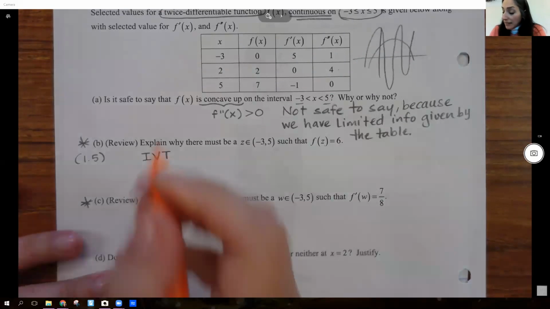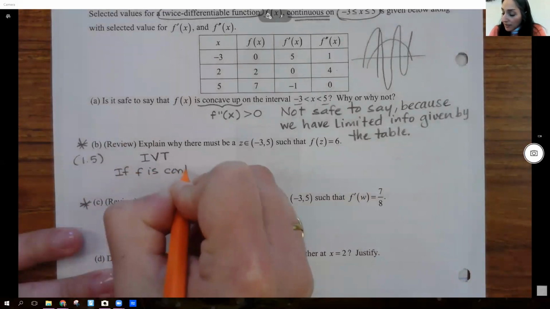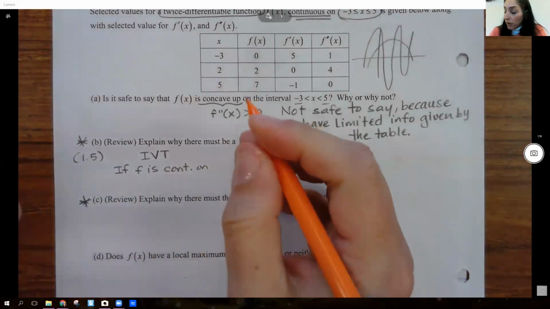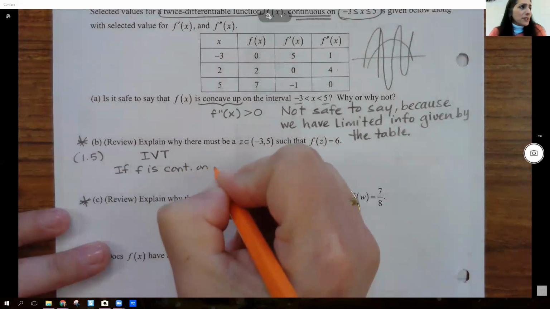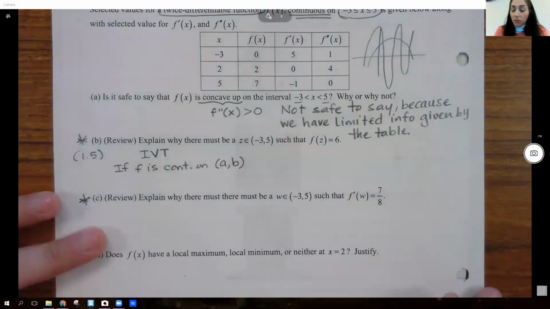And that says if F is continuous on a closed interval or an open interval. I can't remember if it was closed or open, but we'll be safe and say open. That way it covers both.